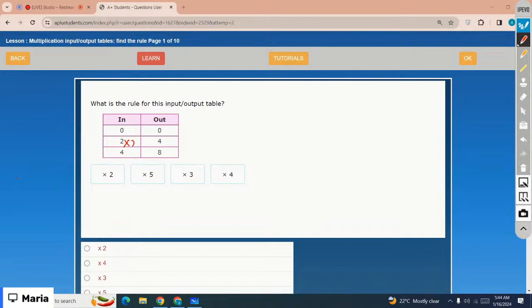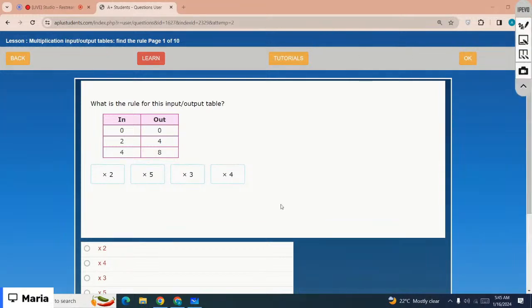Right? So that means 0 times any number is 0. So the rule for this table is multiply by 2. Priyan, it's okay. I've started a bit late, so that's why I need to cover the lesson. That would be 2. The rule for this table is 2.